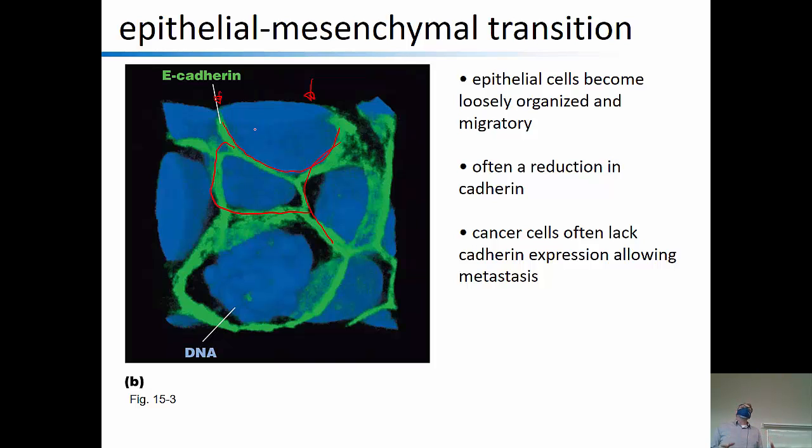And this can allow cancers to metastasize. And so when cancers metastasize, it means they move from the primary site of the cancer to new locations. And this is when cancers become really dangerous and they spread throughout the body. And so that's preceded, if it's an epithelial sourced cancer, by this EMT.